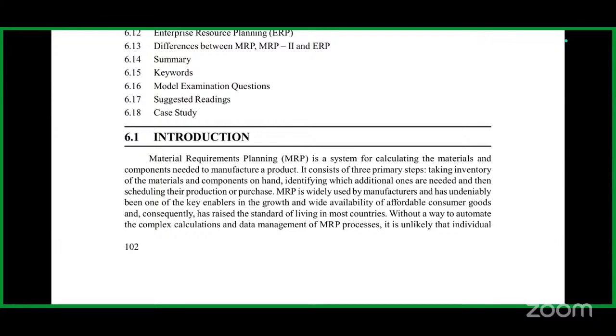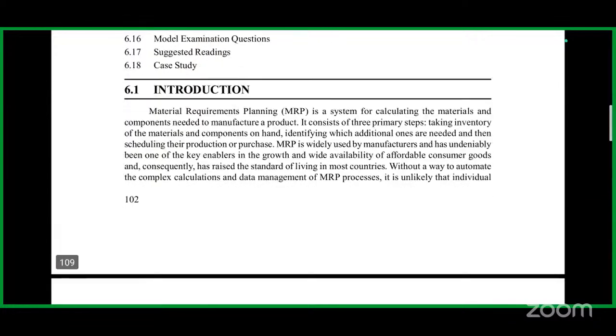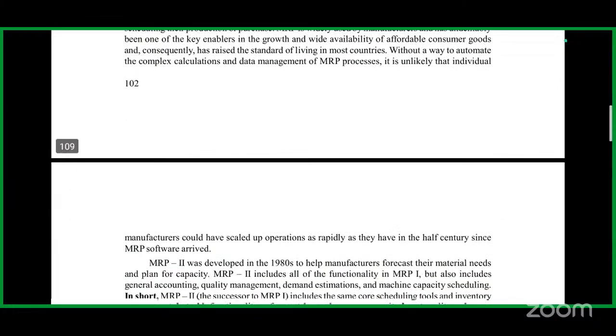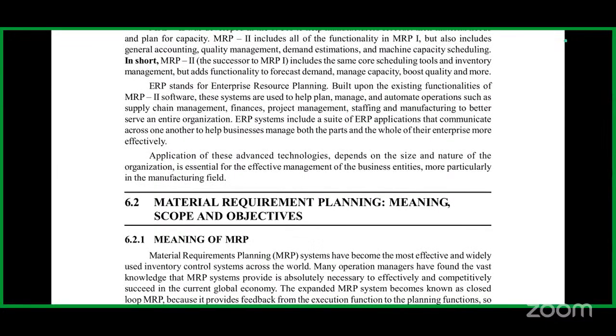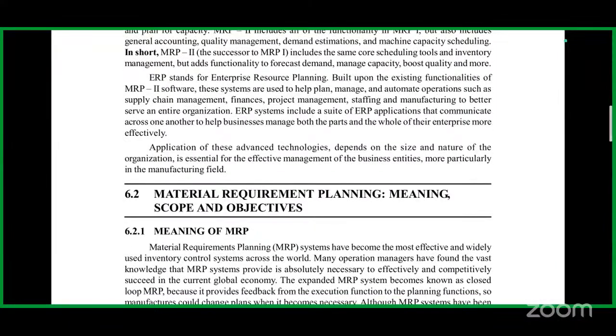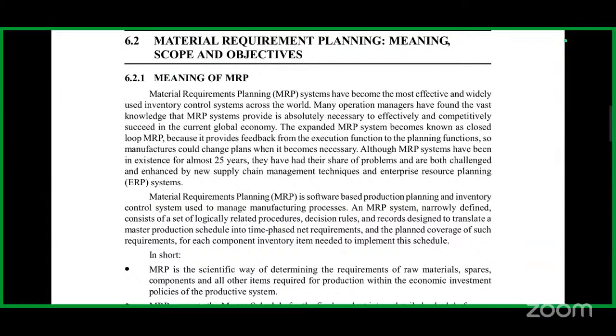Here we'll try to understand what MRP I and MRP II are, because we have two MRPs now: material requirement planning and manufacturing resource planning. Here we are talking about material requirement planning, which has become one of the most effective and widely used inventory control systems across the world.